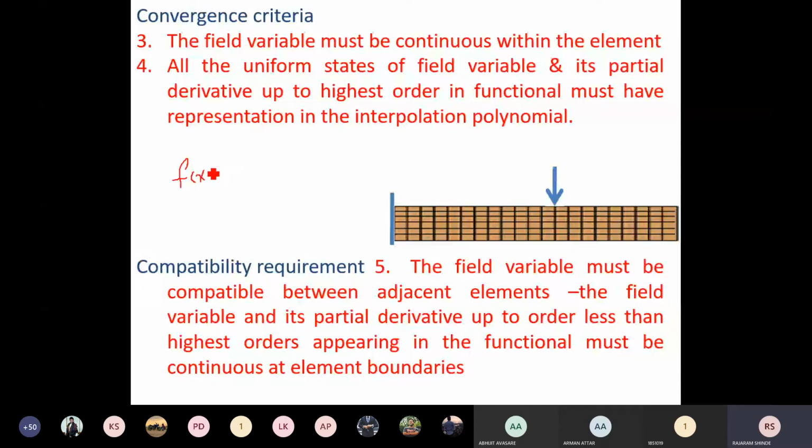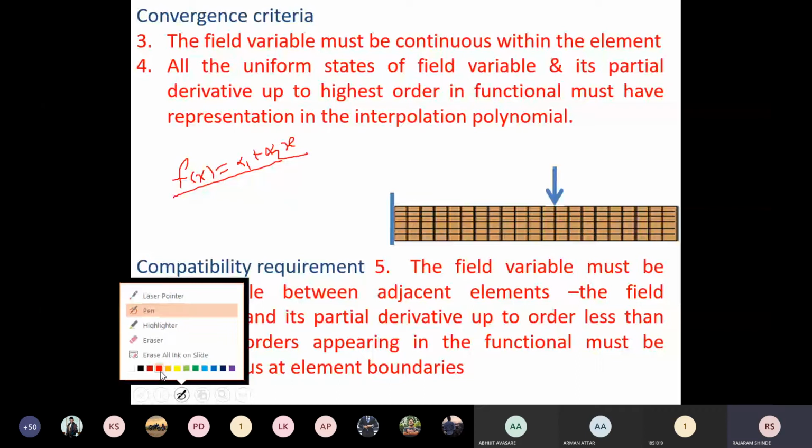If we take f of x equal to alpha 1 plus alpha 2x, this function is always continuous in the domain. So polynomials satisfy this convergence requirement.